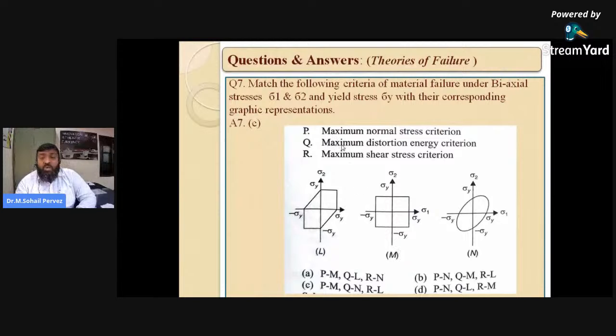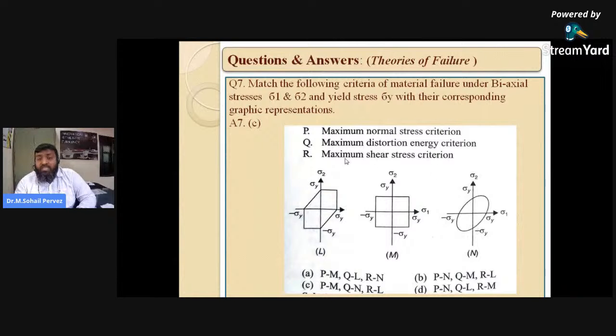The next one is the maximum distortion energy criteria. The distortion energy graph looks like an elliptical shape, an ellipse. So N is the perfect match for the distortion energy criteria.